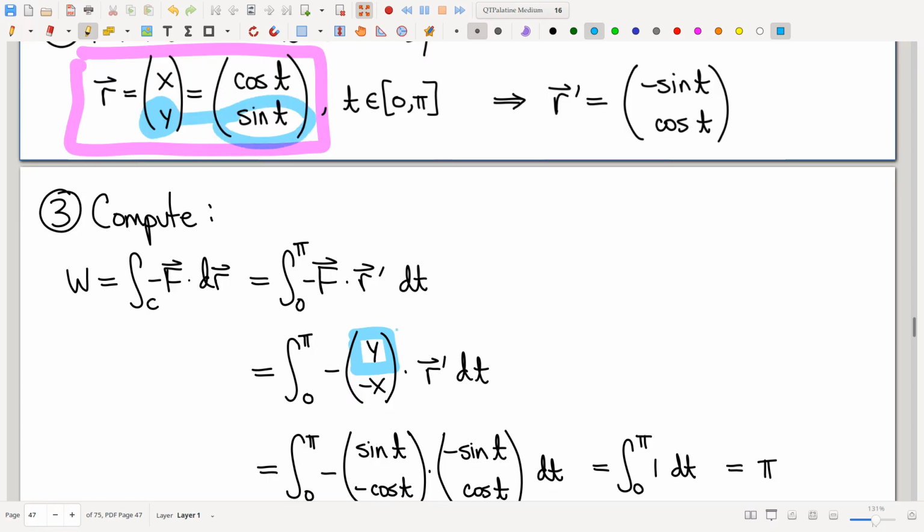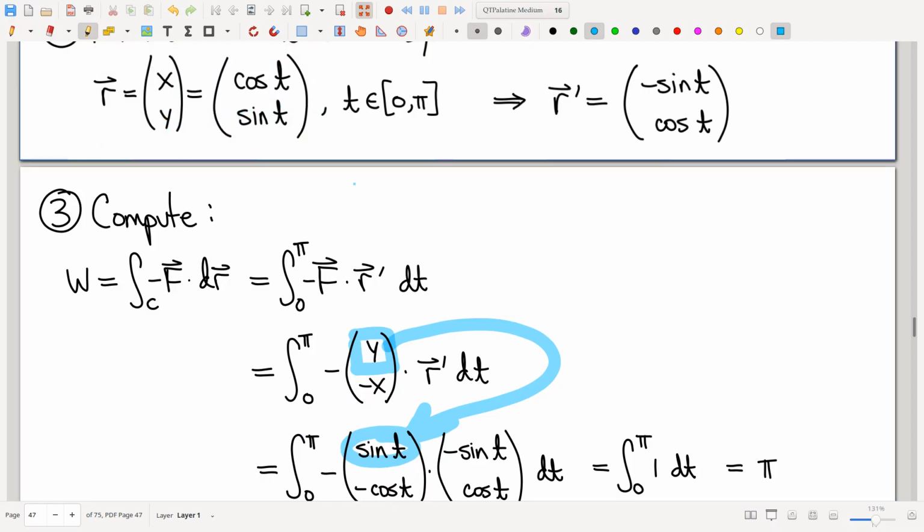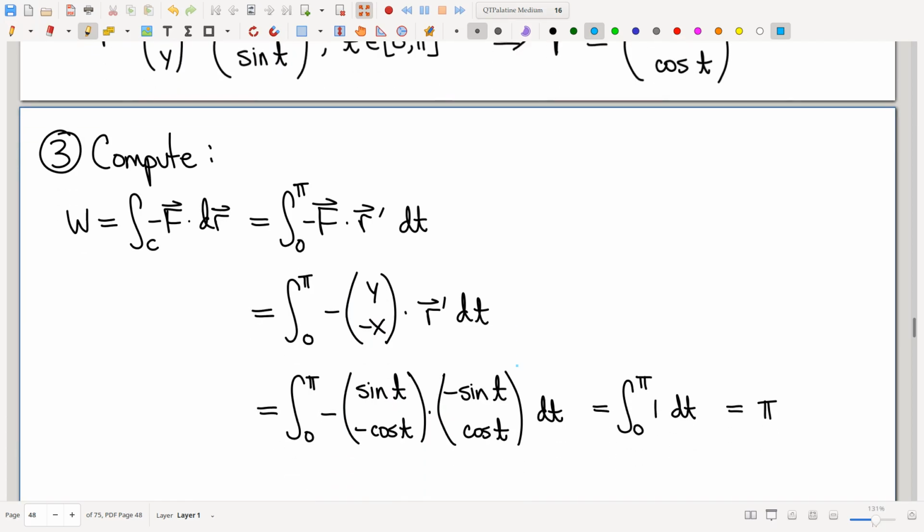Y is sine t. Everybody happy with that? I like to make a big deal out of this because, believe it or not, this is a particular stumbling point that historically a lot of students have had trouble with, remembering what on earth to do with that. Okay. Then you'll notice we end up with a single variable integral. It turns out to be an easy one, and we win.